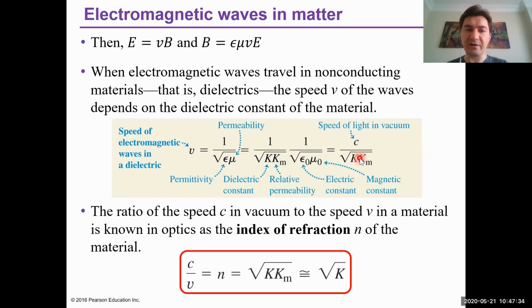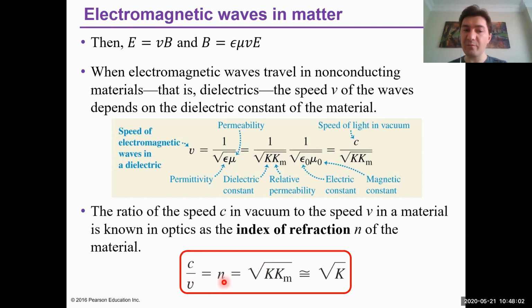What do you see here? If you take this v and put it there, and put this one here, you can find the index of refraction, n, and this gives us the ratio of the speed of light in vacuum to the speed of light in a material.